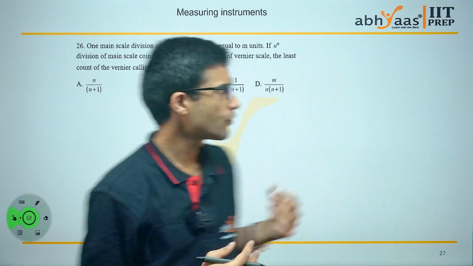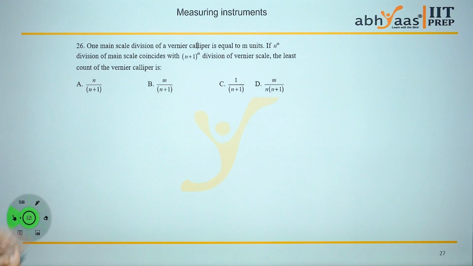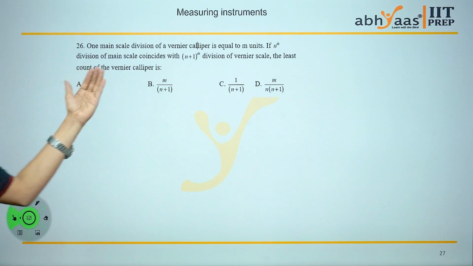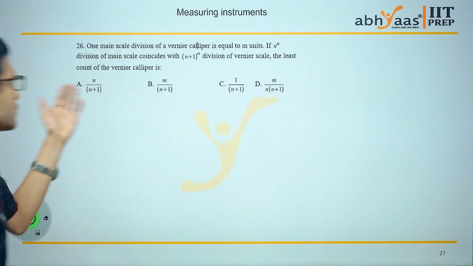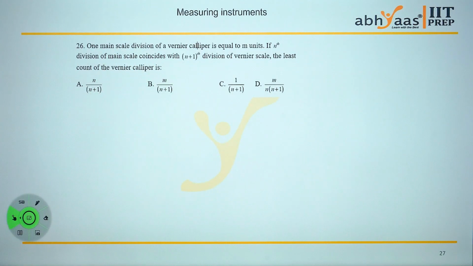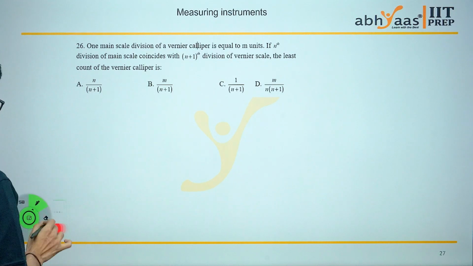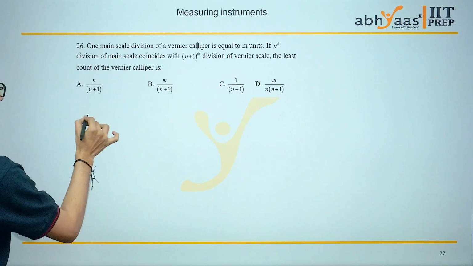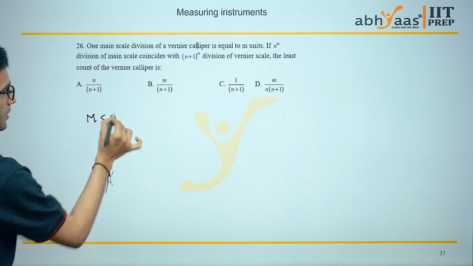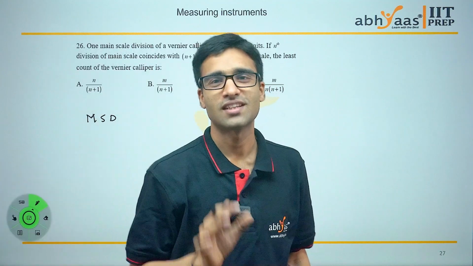If you observe this question, one main scale division of a vernier calipers is equal to m units. If the nth division of the main scale coincides with the n plus 1th division of the vernier scale, what is the least count of the vernier calipers? They have given the main scale division, which I am writing as MSD. So this is not Mahendra Singh Dhoni, this is main scale division.